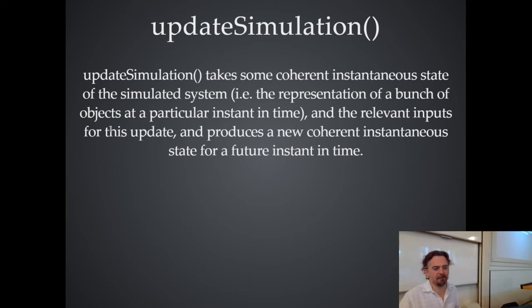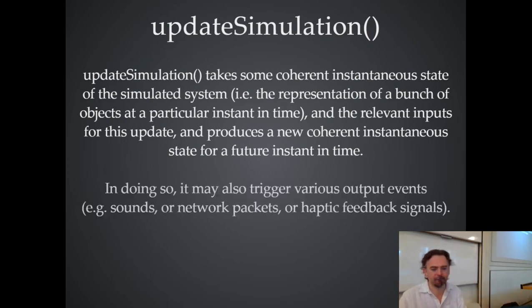Then you pass in the relevant inputs from this iteration, maybe that the user pressed the jump key, and the amount of time that's passed. Now the job of update simulation is to compute what happens next. It tells all the objects, where are you going to be a 60th of a second from now, by telling them to move and deal with collisions and anything else they need to do.